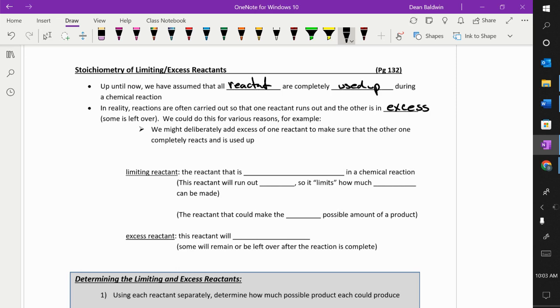The one that runs out is called the limiting reactant or limiting reagent, all right? This is the one that is used up in the reaction. It runs out first. So it limits how much of the products can be made.